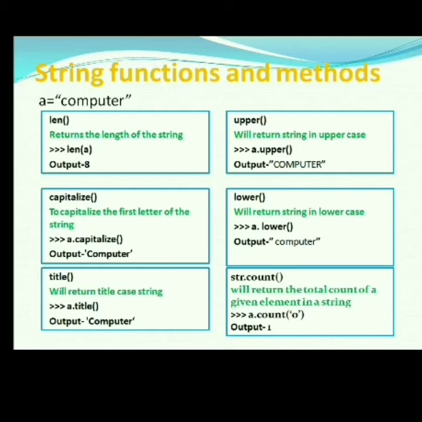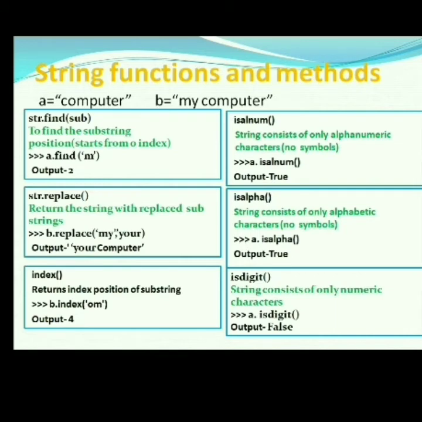The find method returns the lowest index in the string where the substring is found within the slice range from start to end. If the substring is not found, it will return -1. Here a.find('m') will give 2 because m is at position 2. As we know, the index starts from 0.